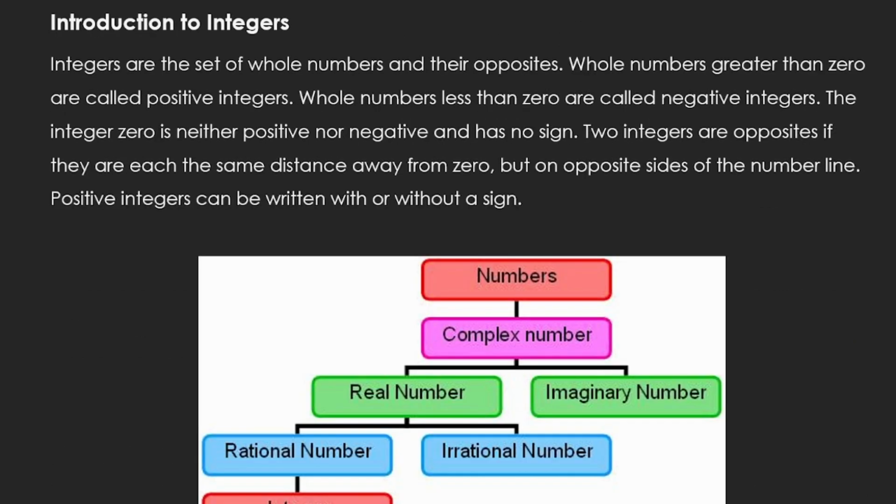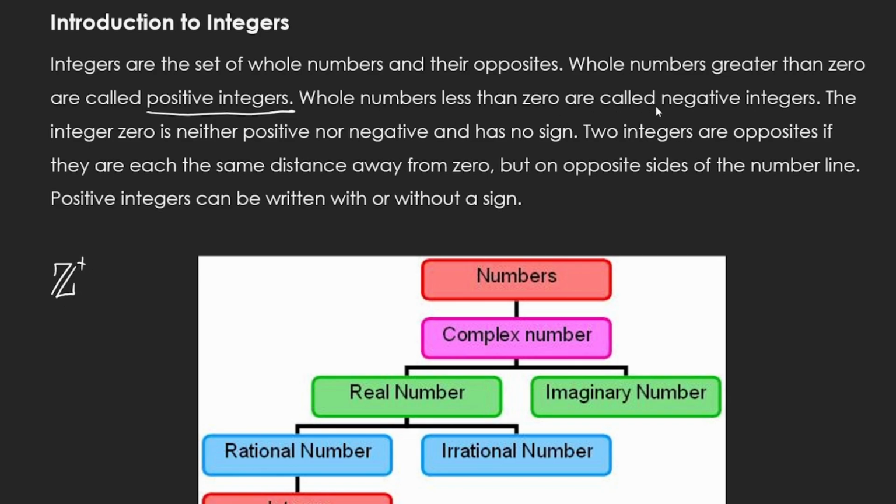Now we move on to the lesson proper, which is the introduction to integers. These are just your whole numbers and their opposites, or their additive inverse. Whole numbers greater than 0 are called positive integers. Sometimes it can be denoted as your Z here and a positive sign.